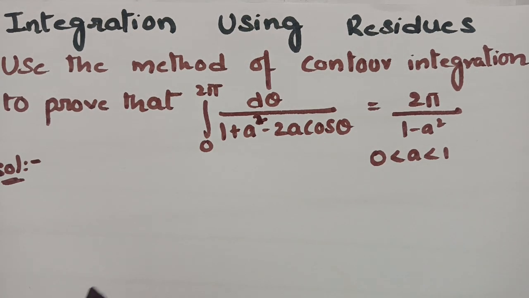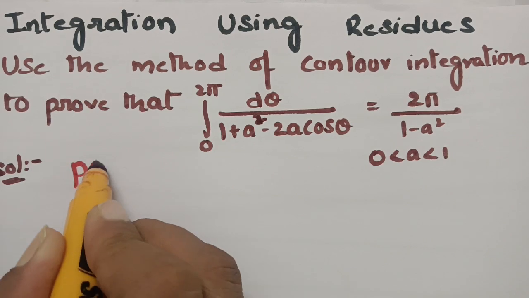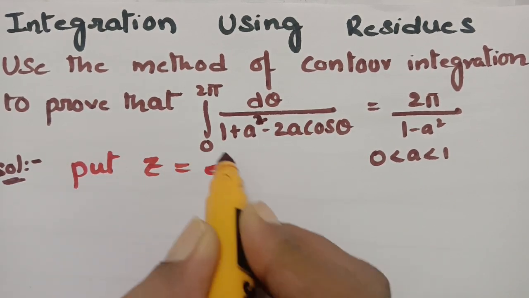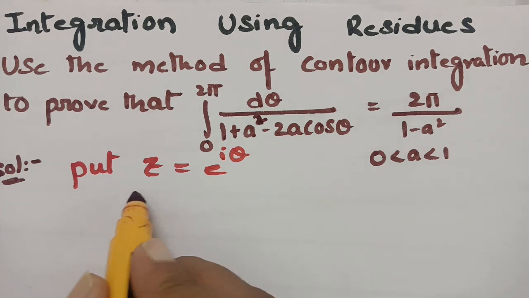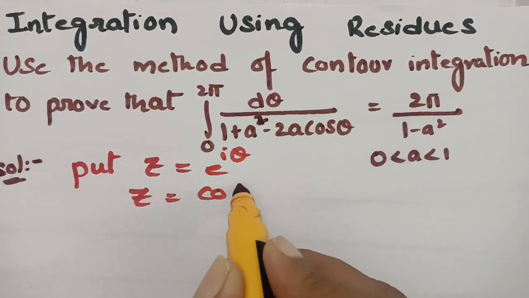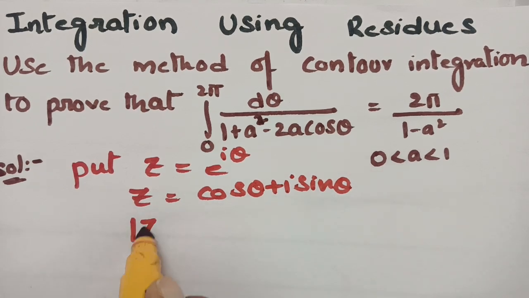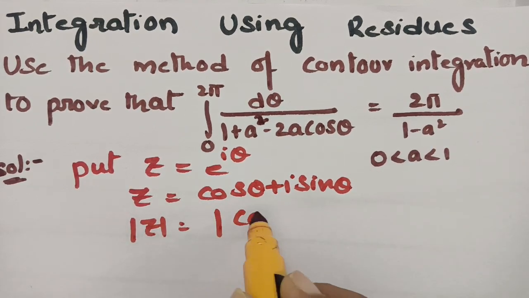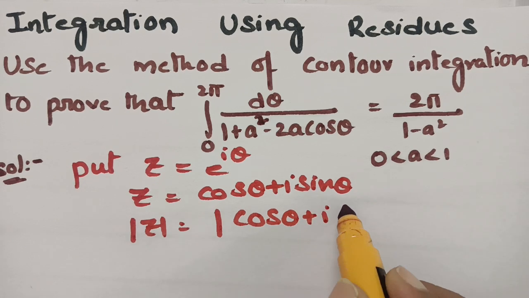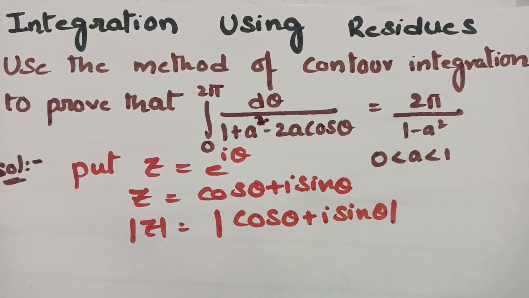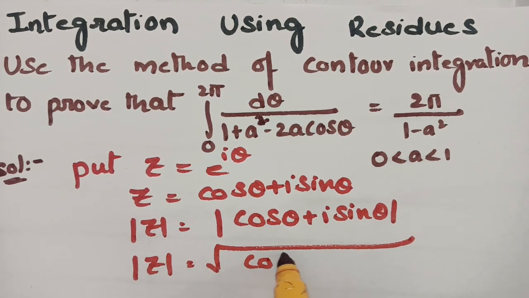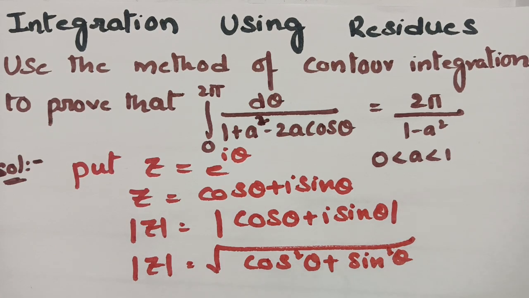So here, as usual, we have to put z equals e^(iθ). Clear? So what is e^(iθ)? This is cos θ plus i sin θ. If I take modulus on both sides, mod z is equal to the root of cos² θ plus sin² θ.